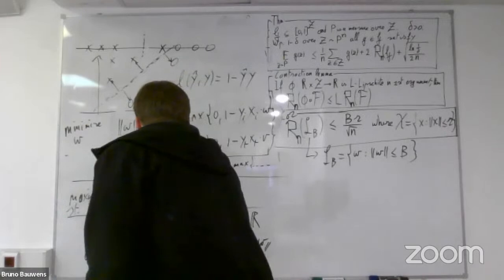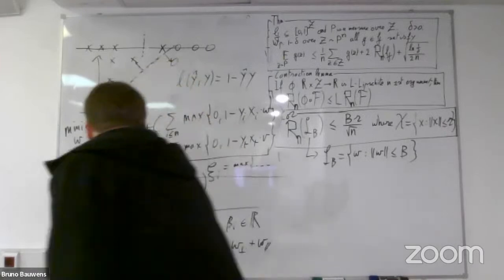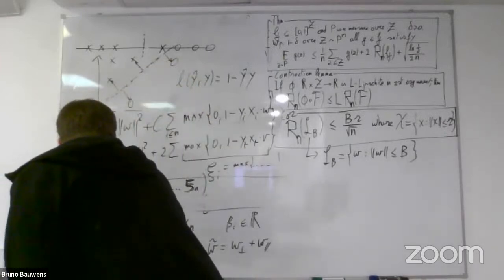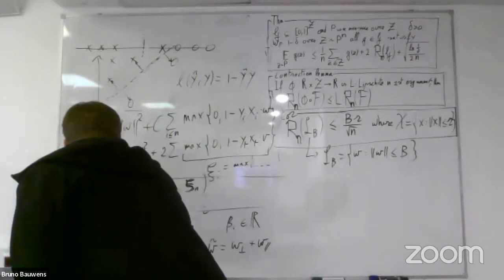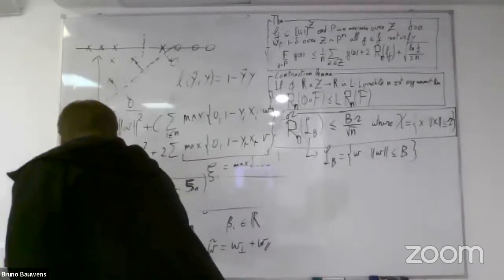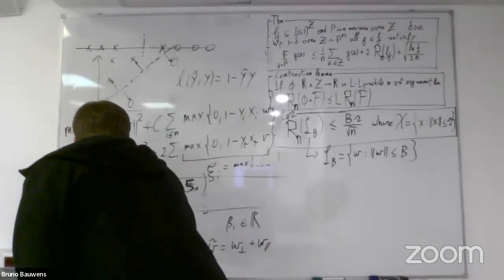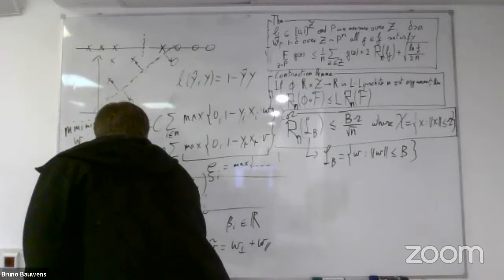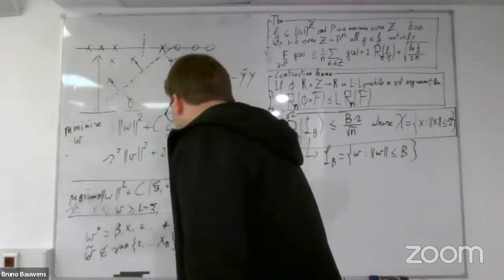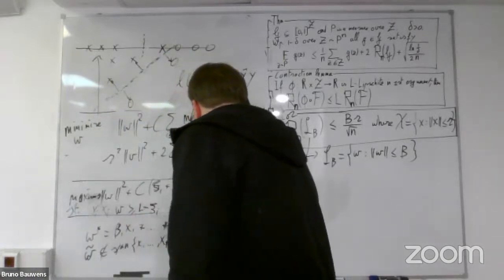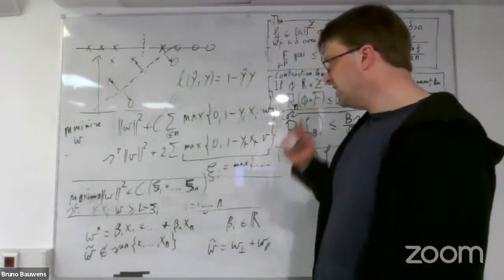I'm trying to save a bit of time. Such that y_i x_i times w is bigger than 1 minus psi_i, for all i from 1 to n. So that's equivalent.